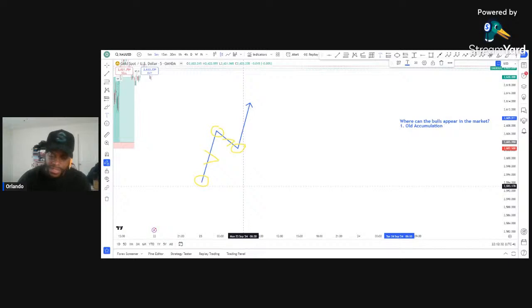That is also going to be known as a bullish divergence, which also causes a change of character.